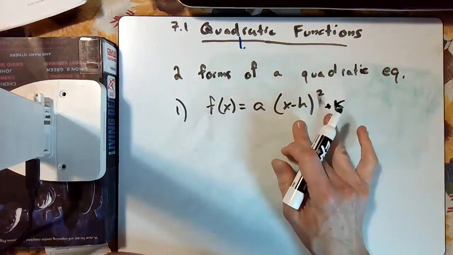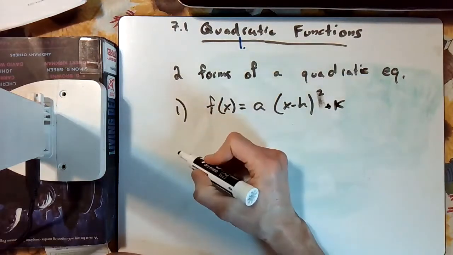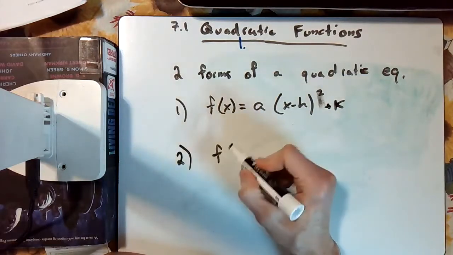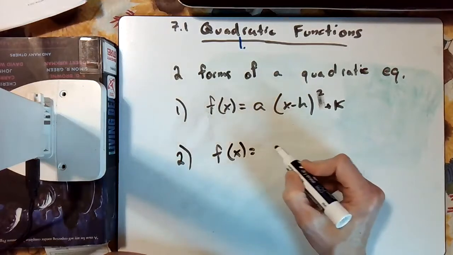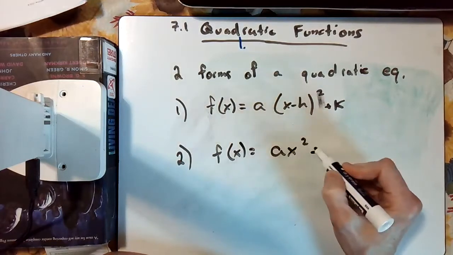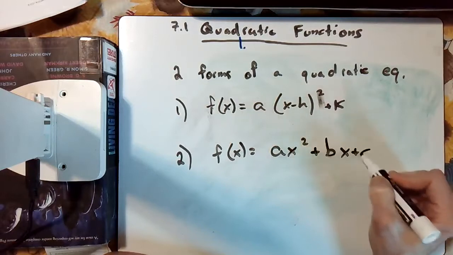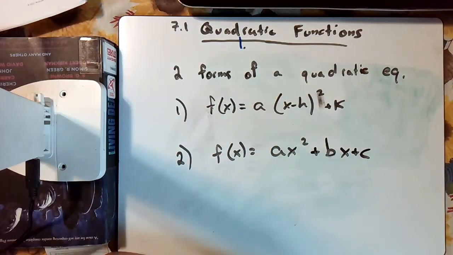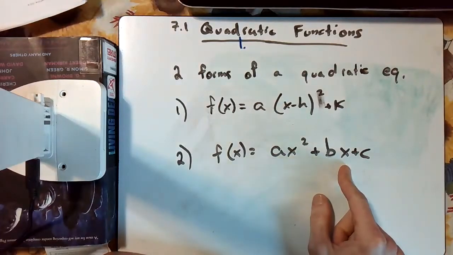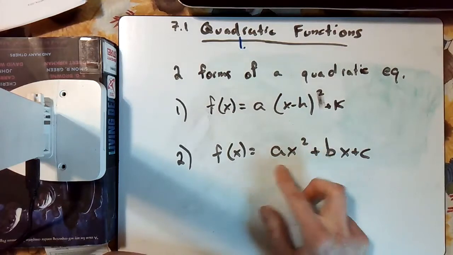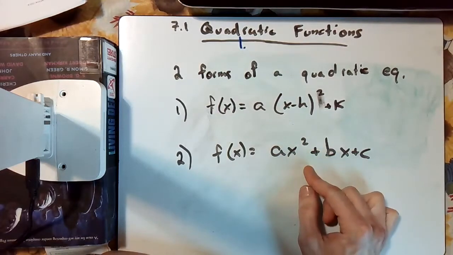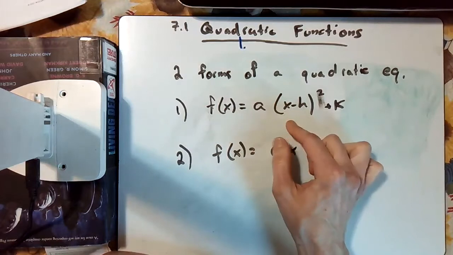This is sort of the new one. The second one, the one that everyone has definitely seen, is ax squared plus bx plus c. Both of these are forms in which we can represent a quadratic equation, right? This one, remember when we factored, you had the quadratic formula that was used from here, right? This one we sort of have seen.